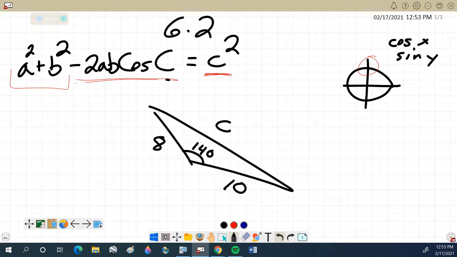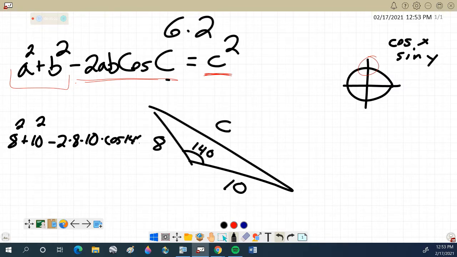Well, we just plug everything in. 8 squared plus 10 squared minus 2 times 8 times 10 times the cosine of 140 equals C squared. Notice A, B, A, B, C. That's kind of how you can remember this.